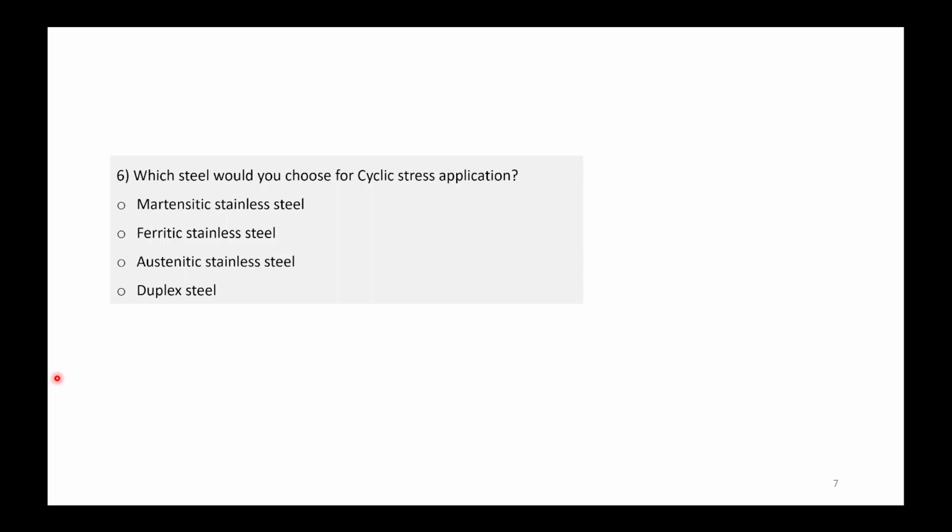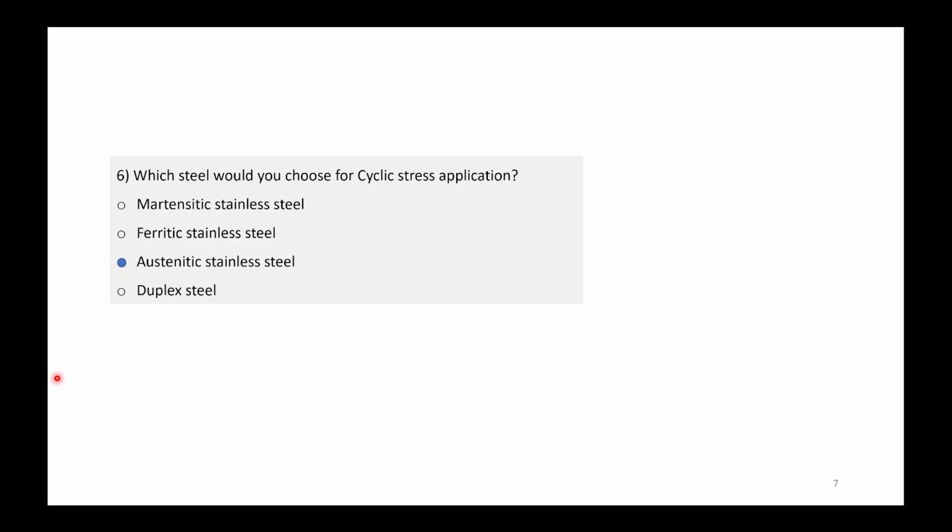Now question 6 is, which steel would you choose for cyclic stress application? Your options are martensitic stainless steel, ferritic stainless steel, austenitic stainless steel, or duplex steel.